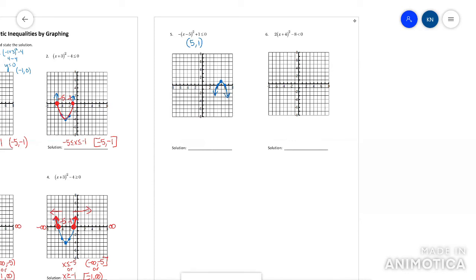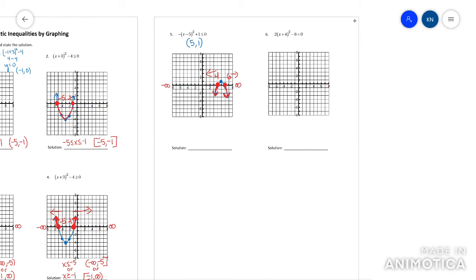They want to know where is it less than or equal to 0. That's below the x-axis. So that's this section, and that's this section right here. Since they used or equal to, it includes these points. So it's everything from 4 this way and everything from 6 this way.